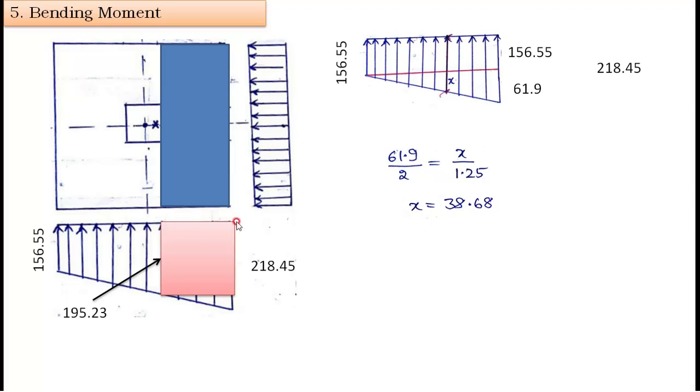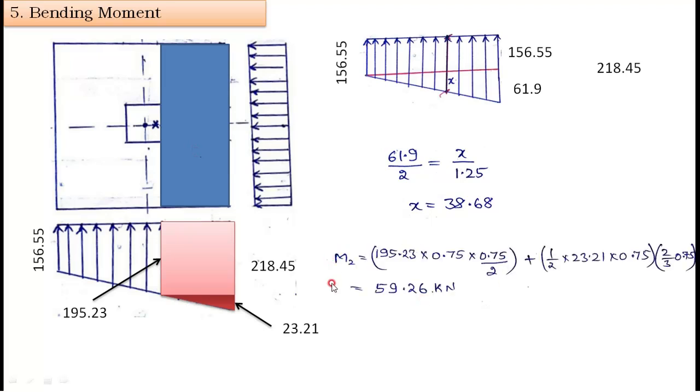Means the UDL of rectangle, a UDL load of this much value is acting, and one more triangle is also acting. The triangle value is 23.21. How? 218.45 minus 195.23, 23.21 I got. Means one UDL and one triangular load is acting on the projected area, cantilever. Okay.